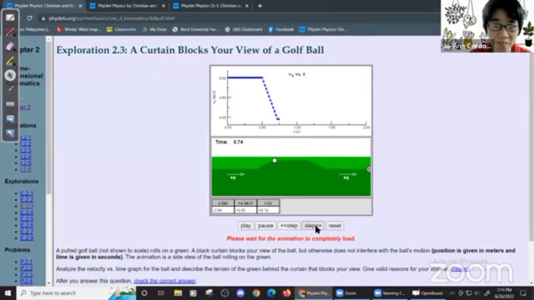It will decelerate, mag-slow down siya kasi kailangan niyang umakyat. And then, dahil flat yung top, it will have a constant velocity at the top. Upon reaching here, what happens is now it will start increasing its velocity. So, positive yung acceleration, and therefore, towards the finish.